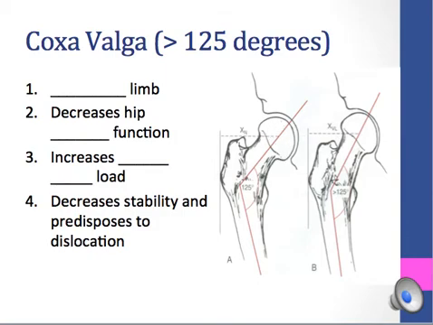If the femoral head starts to take more load, what starts to happen to the articular cartilage in that area? If I'm getting more compression through here, I know I'm going to get changes in the way my bone is functioning, but those connective tissues are also going to start to become fibrotic.